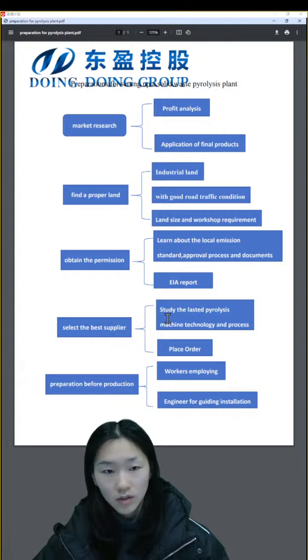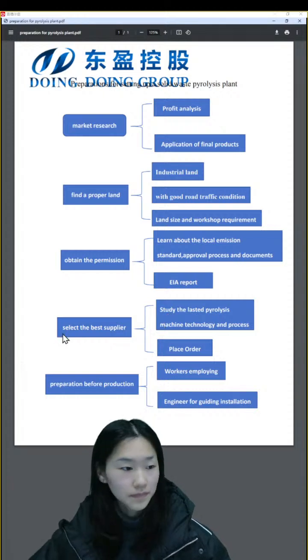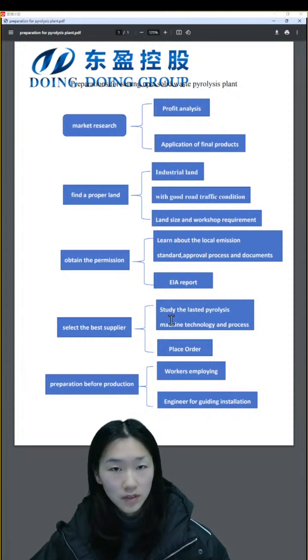They can come to China to visit our factory directly and know the complete machine. But many customers don't know much about our pyrolysis machine. You can learn about it from many videos and our websites.